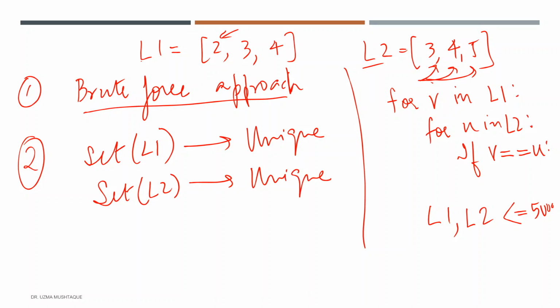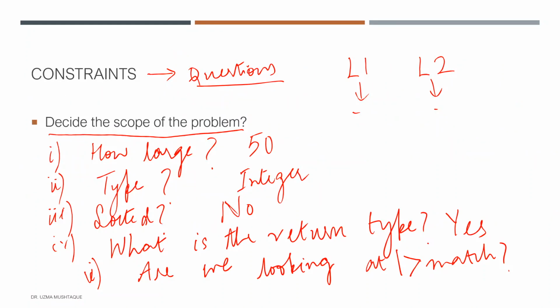And then all I have to do is overlap these, which means I have to find the intersection of set L1, set L2. If I find the intersection of these, I'll get the elements that overlap. Maybe I don't want to get the elements, because in my constraints they were asking us to find a true or a false. So the return type was a true or a false.